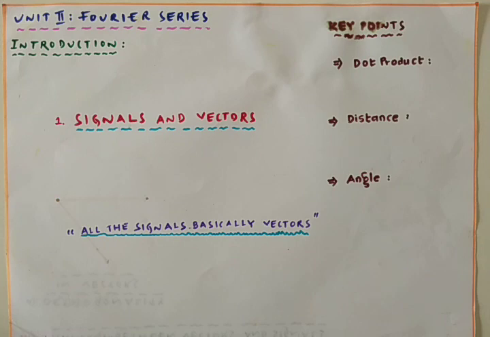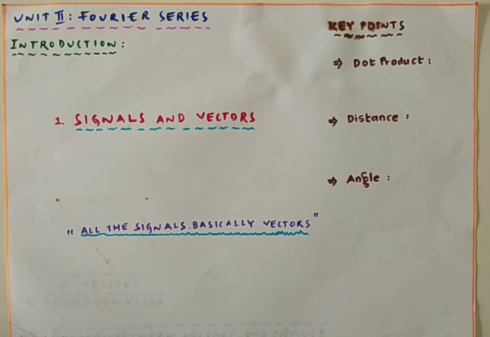The Fourier series has many applications in the fields of electrical engineering, signal processing, image processing, system analysis, quantum mechanics, etc. So we have many applications of the Fourier series in various fields.